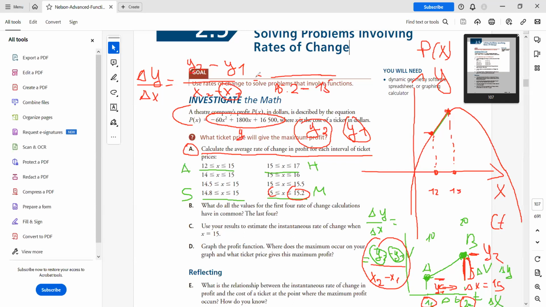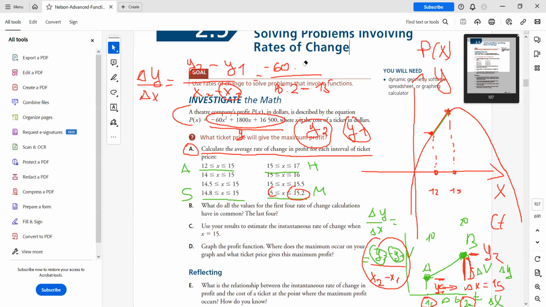This is your denominator. And what is in your numerator? In your numerator, you have y2 minus y1. What is y2? y2 is this function with the x2 value. So negative 60 times x squared, but in this x, you have to substitute x2. x2 is 15.2.